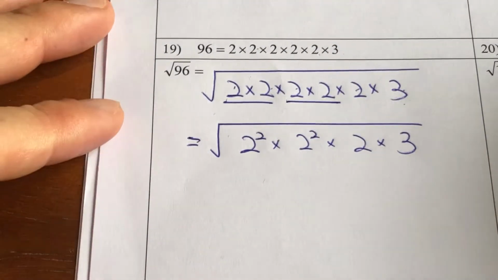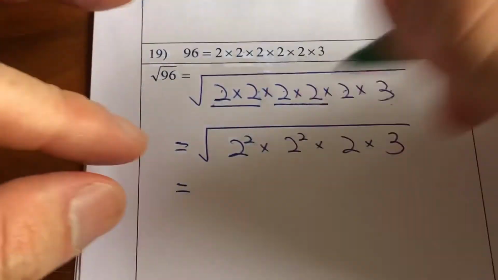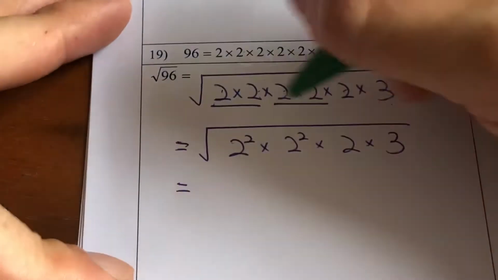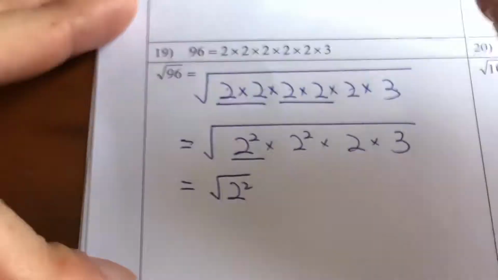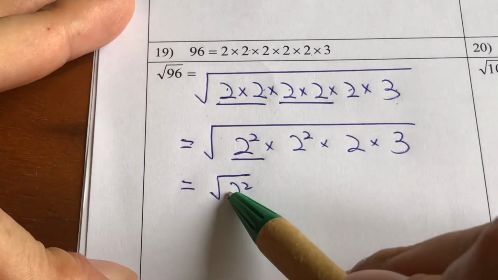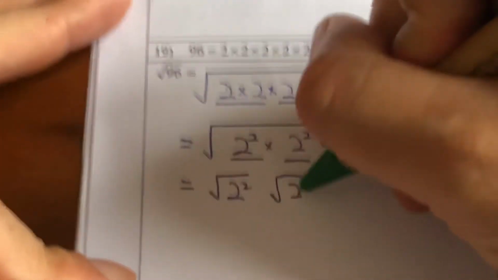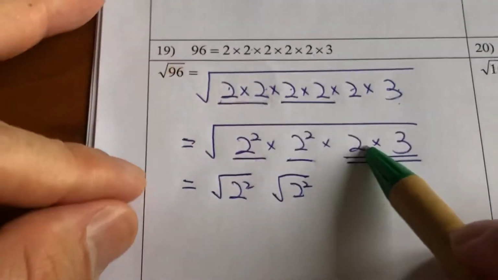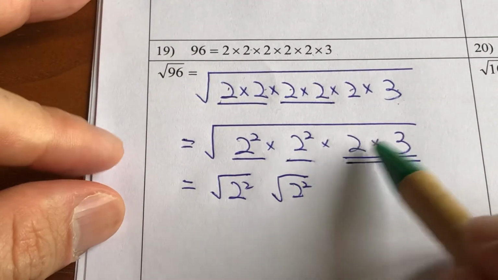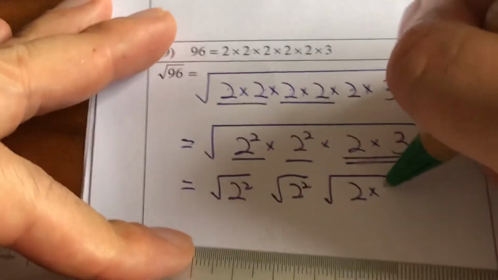Okay? And then you may now separate the square root. So, here, you may write the first guy, 2 to the power of 2 has a square root. The second guy, 2 to the power of 2, has a square root. And then for these, just single numbers times together, you may also group them into the same group, 2 times 3.